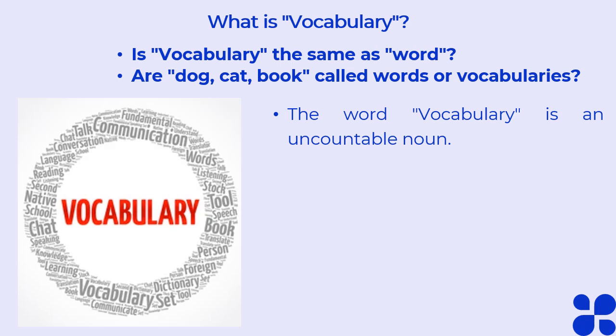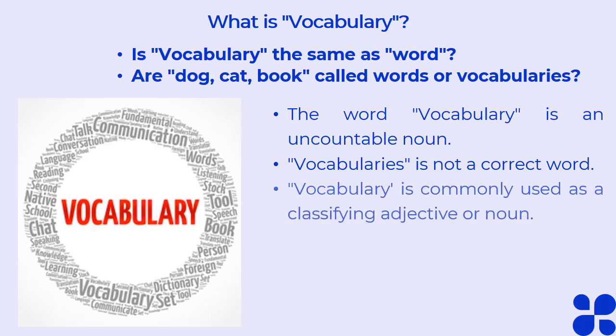However, the word vocabulary is considered an uncountable noun, which means it does not really have a plural form. Instead, vocabulary is most often used as a classifying adjective or noun to refer to a type or a group of words.